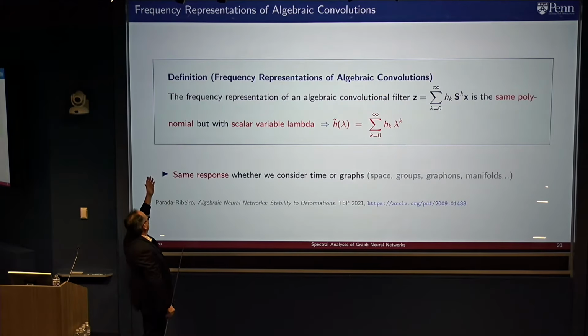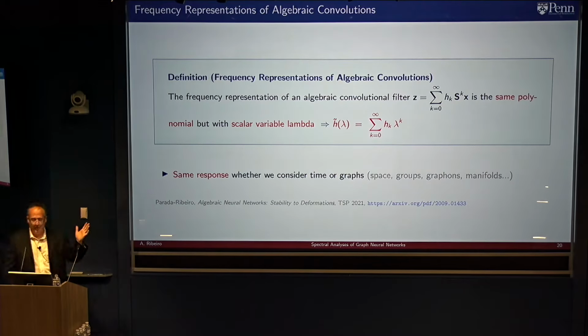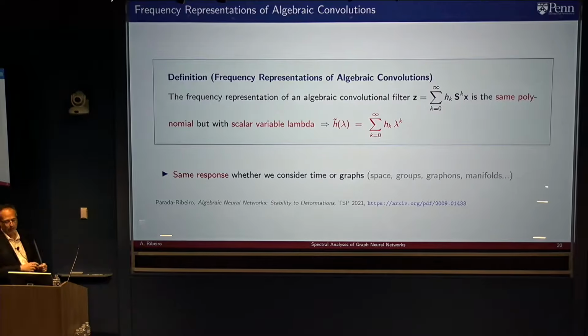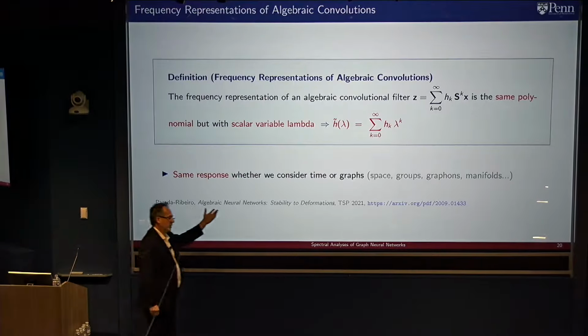So I can construct frequency representations of algebraic convolutions, which means that if you give me a filter defined by this operation, I can construct a polynomial, which is the same polynomial but on a scalar variable. And depending on the problem that you're studying, this S gets instantiated in different eigenvalues. If you're studying time, it gets instantiated on complex exponentials.